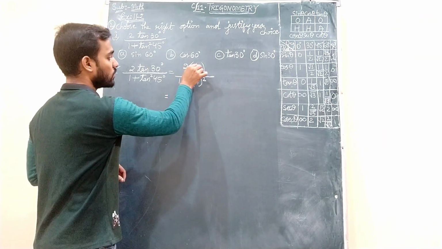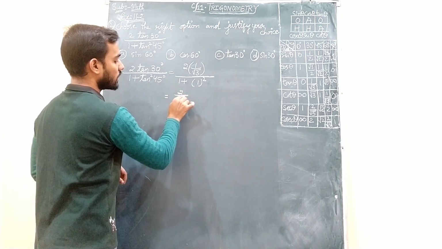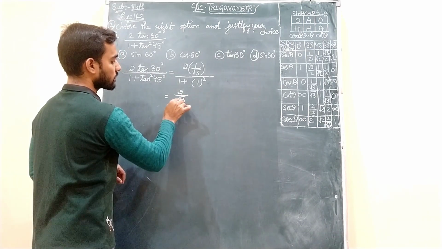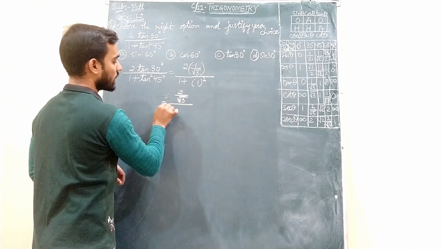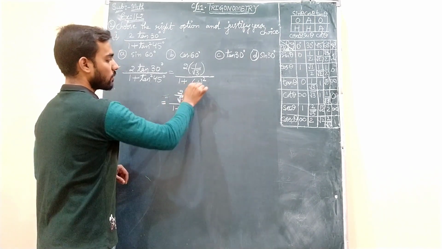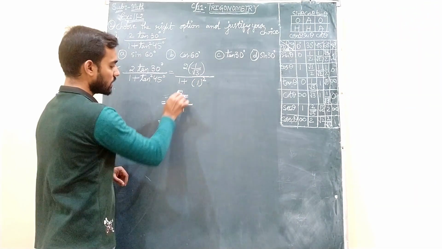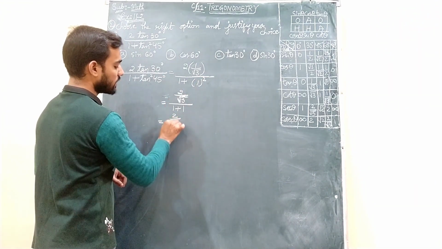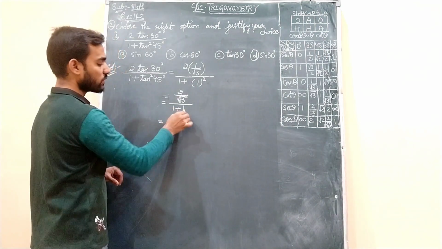So we will do 2 into 1 is 2, ones are 2 by root 3 whole divided by 1 plus 1 square is 1. Understand? Now again this 2 by root 3 remains as it is, whole divided by this 1 plus 1 is 2.